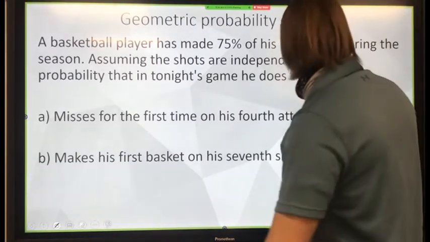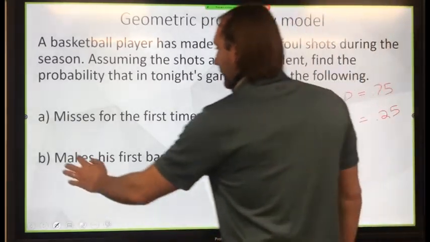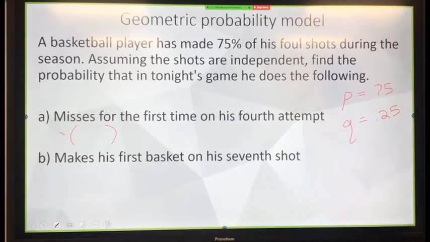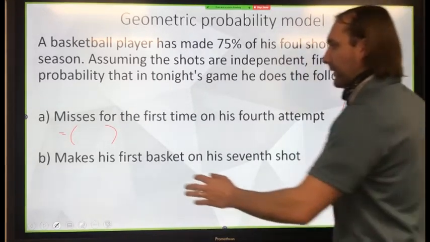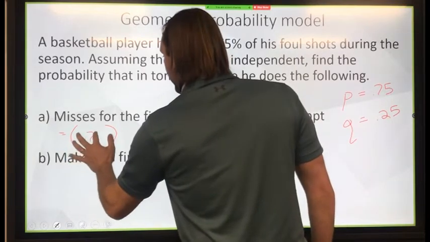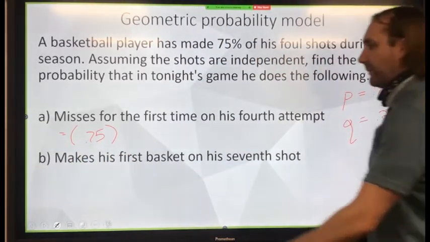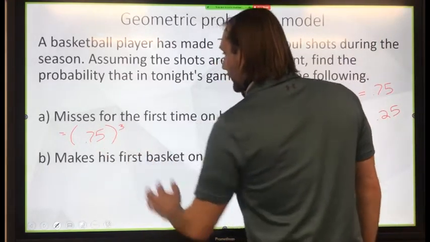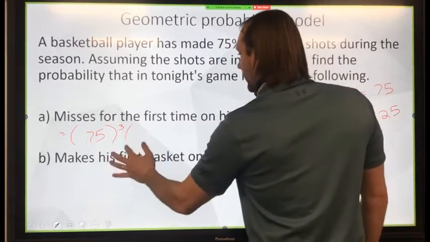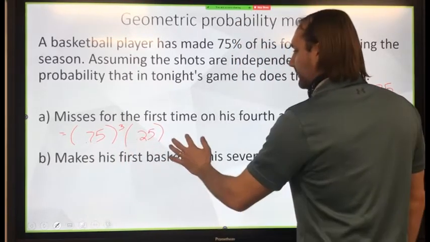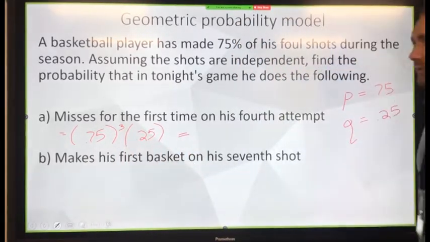All right, a way to do this by hand, if you want to do it by hand, is I have misses for the first time, which means he was making them, right? Probability of making them is 0.75. How many times did he make the shot before he missed? 3. So that's 0.75 to the 3rd power times when he finally missed, which is 25% chance. And that equals, what'd you get?